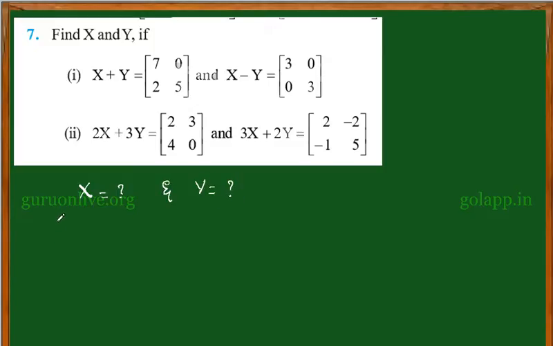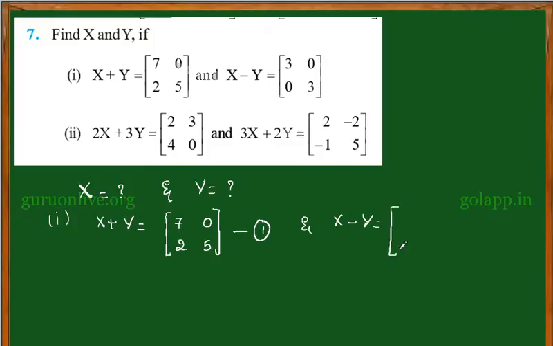So let me solve the first sub-question. Given is x plus y is equal to the matrix 7, 0, 2, 5. I call this equation 1, and x minus y is equal to 3, 0, 0, 3.